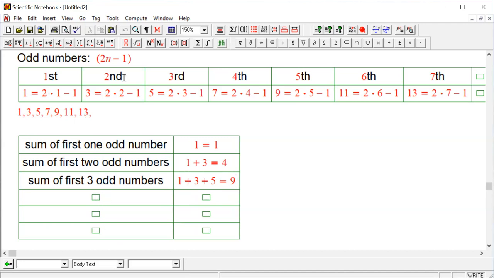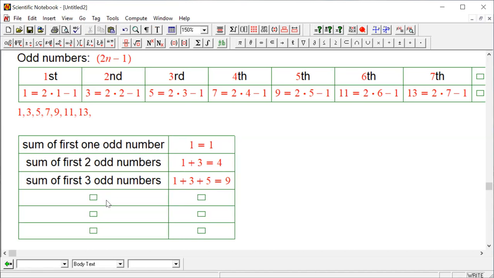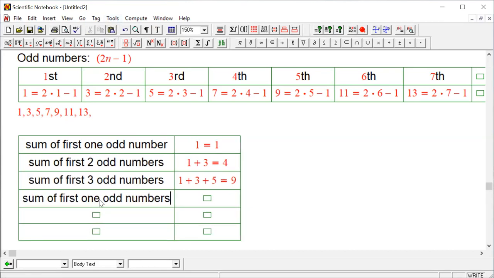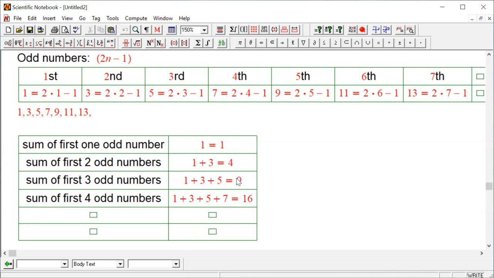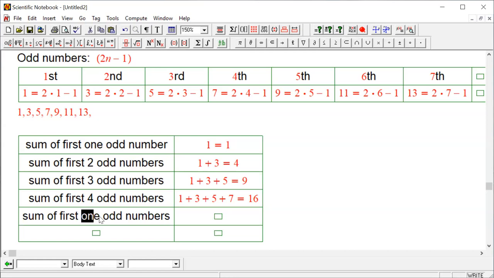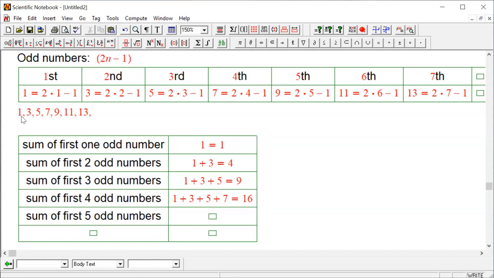And if we continue to observe, the sum of the first 4 odd numbers is going to be 1 plus 3 plus 5 plus 7. And what do we get? We get 16.